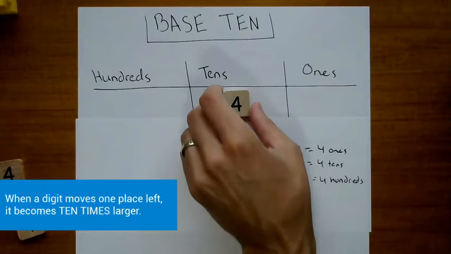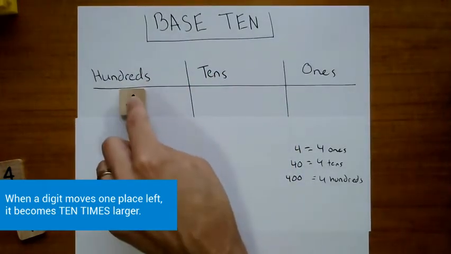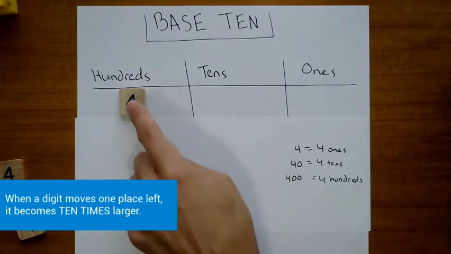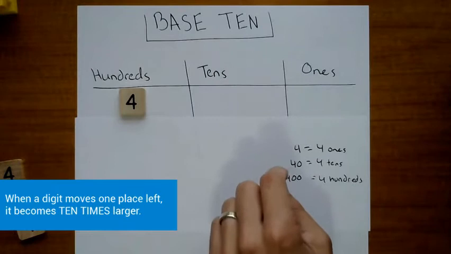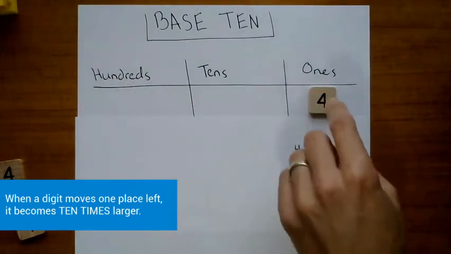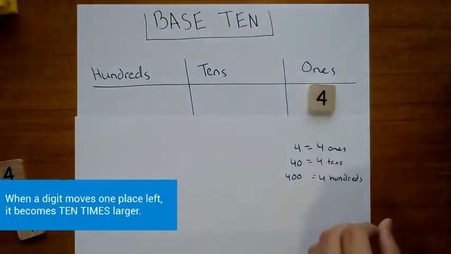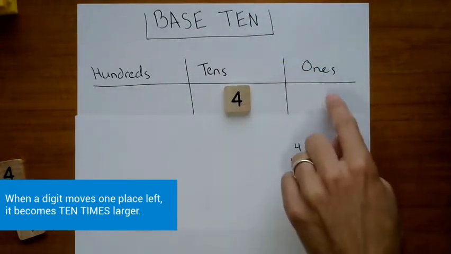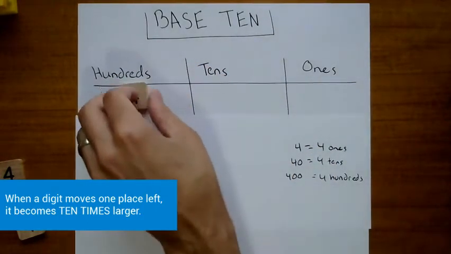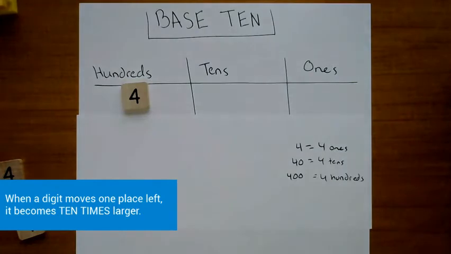And likewise, if you move this 4 into the hundreds column, then that 4 hundreds is 10 times bigger than 4 tens. Each time you move one column to the left, you're getting 10 times larger. 4 tens is 10 times larger than 4 ones, and 4 hundreds is 10 times larger than 4 tens.